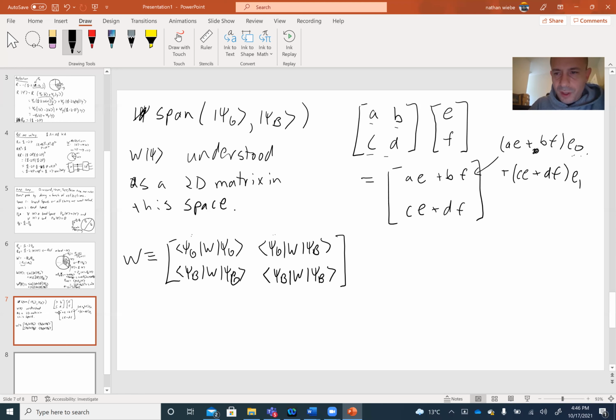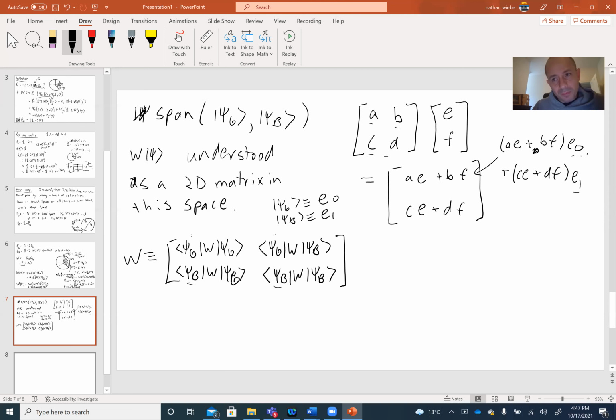Similarly, these two over here correspond to outputting E1. And that's why the outputs over here are psi b, which corresponds to our E1 in this particular case. So this is the natural way of writing a two-dimensional matrix in this space, if we take the equivalence that psi g is equivalent to E0 and psi b is equivalent to E1. We could have flipped it and there'd be different representations, but fundamentally they're all exactly the same as this arbitrary choice that I made.